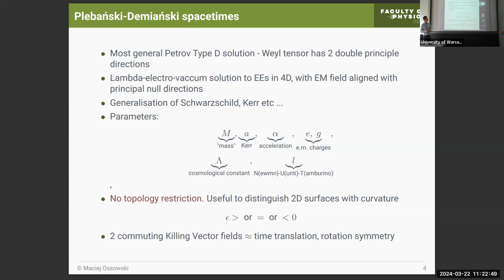So usually it turns out that actually these conserved charges are only proportional to mass or mass times Kerr parameter. The other is the acceleration, which is usually thought of as the existence of some kind of cosmic string pulling on the spacetime, the black hole, making it accelerate.